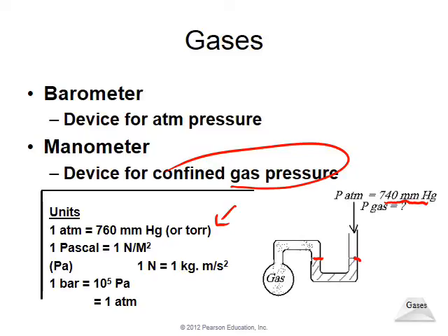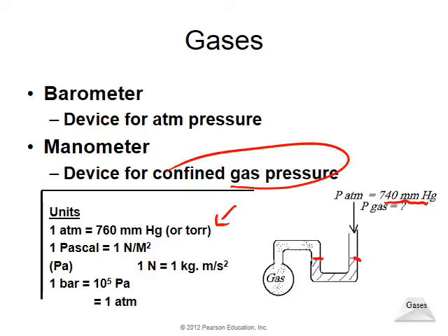The question is, what will be the pressure of the gas? Is it greater than outside pressure, lower than outside pressure, or equal to outside pressure? Just by looking at it, you know it must be equal, because that's why the two levels are the same.